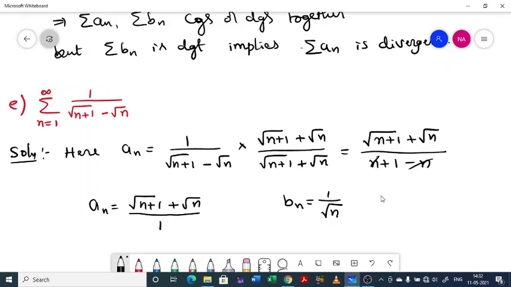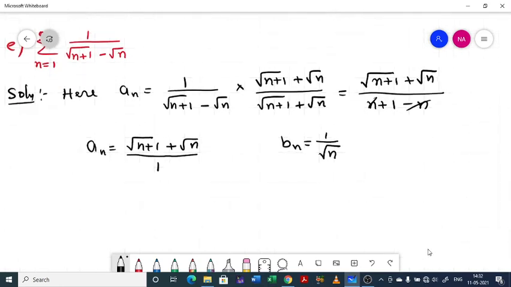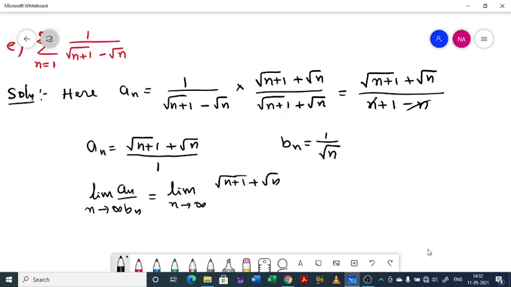So here we need to choose bn to be square root of n, and limit an by bn as n tends to infinity equals limit as n tends to infinity square root of n plus 1 plus square root of n divided by 1 by square root of n.